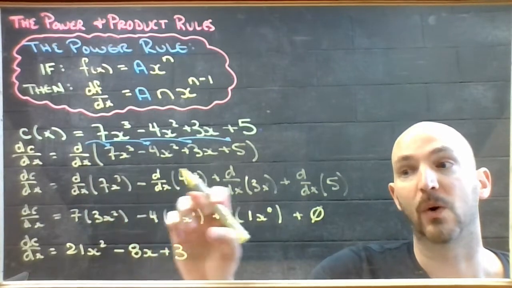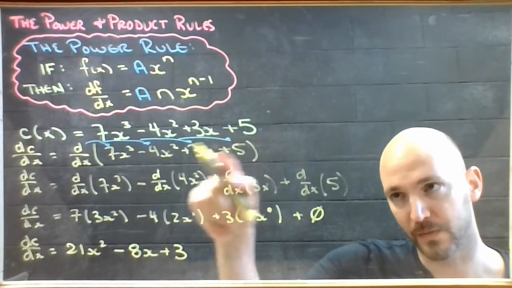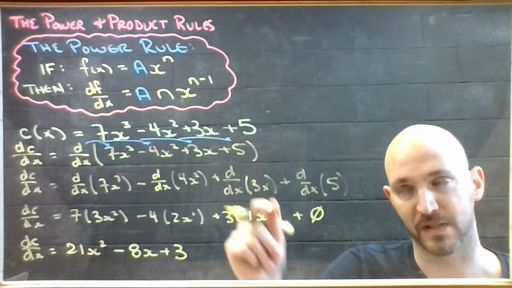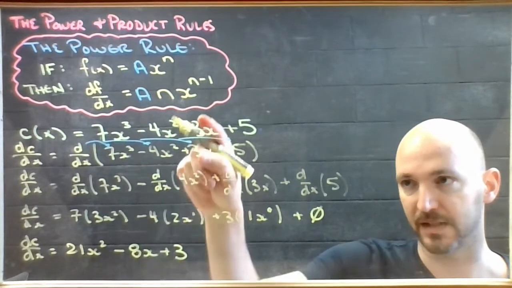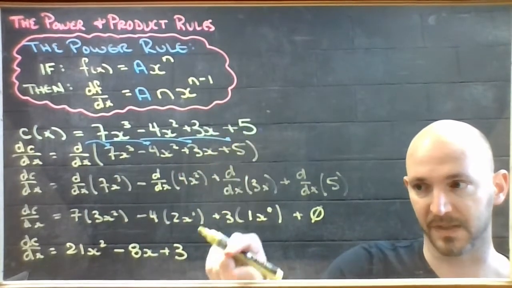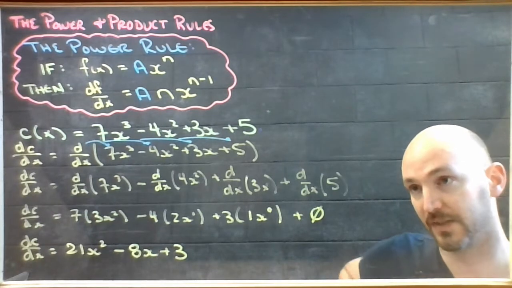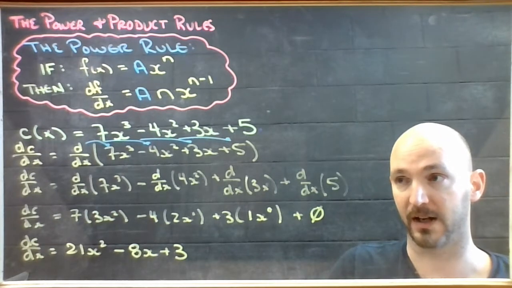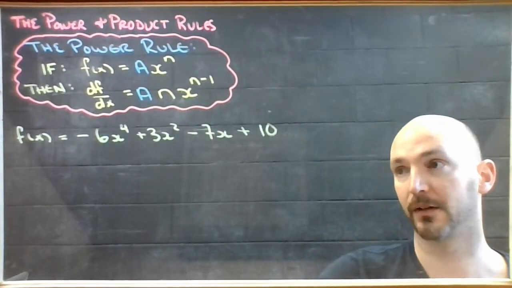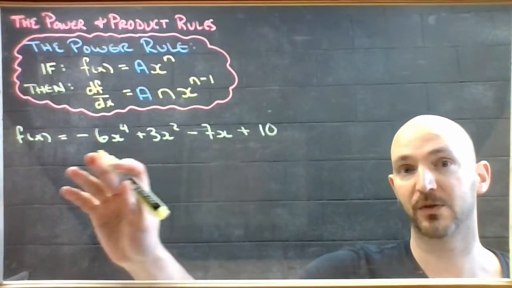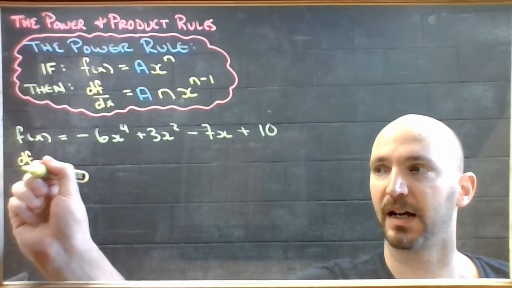Now you need to know that you can do that, but you don't need to write it down every time. If you know that this thing is distributive, you can just take the derivative of this piece, take the derivative of this piece, and this piece, and this piece, and then be done. And rip it all off in one line if you like. So I'm going to clear this off, and I'm going to give one like that a try. Taking the derivative of this thing, it's an f, so that would be df by dx.